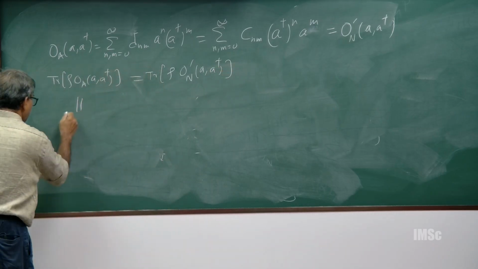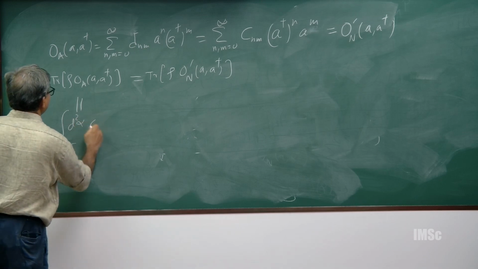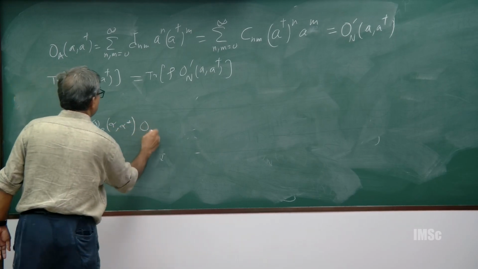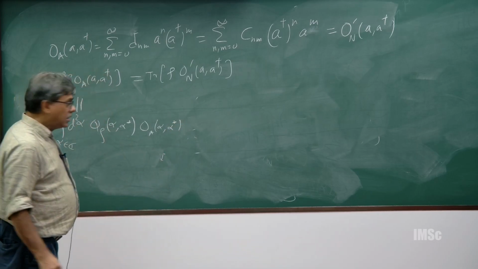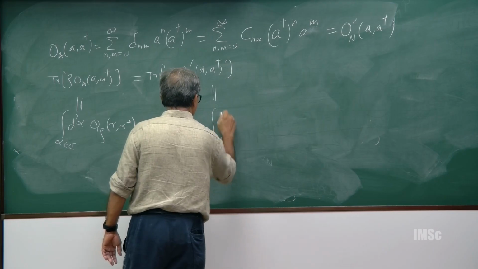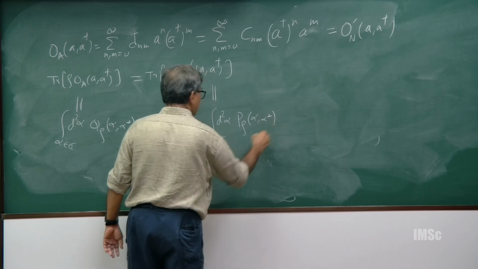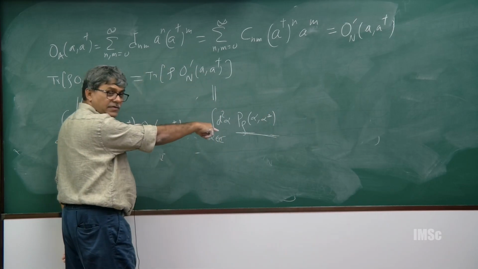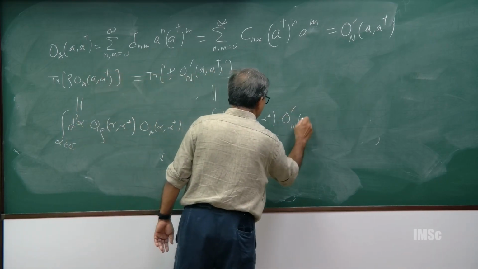Now, this you can express as the integral of d square alpha, Q function of alpha, alpha star, times O of alpha, alpha star. This you can also express as the integral over alpha belonging to C of d square alpha, P of rho of alpha, alpha star. See, this does not depend upon what operator you have chosen, it depends only upon rho, and then times O prime of alpha, alpha star.